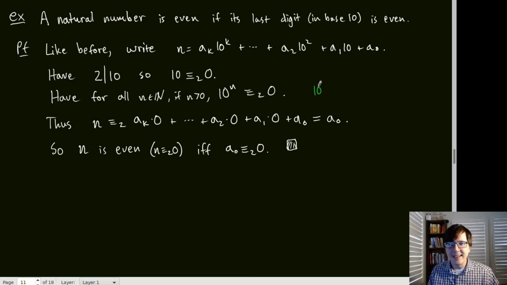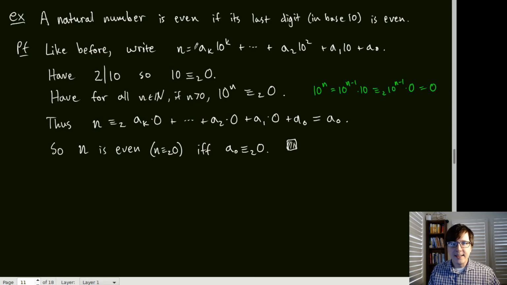This is easy here. So 10 to the n, when n is positive, is 10 to the n minus 1 times 10, which is congruent mod 2 to 10 to the n minus 1 times 0, which is 0. So 10 to the n is congruent mod 2 to 0.